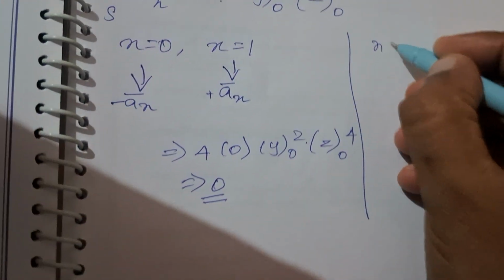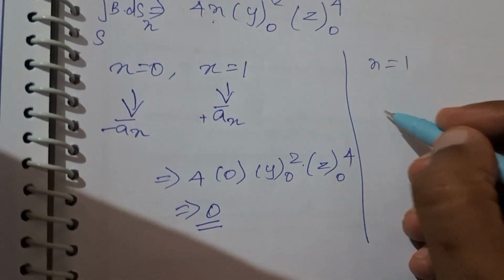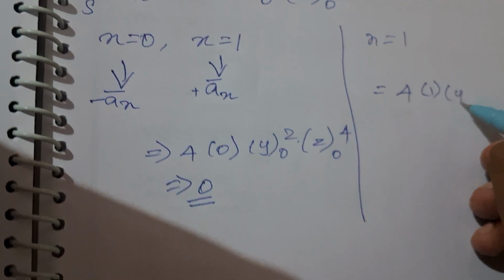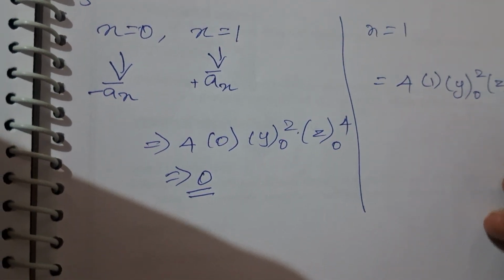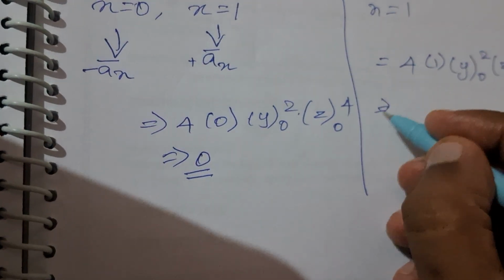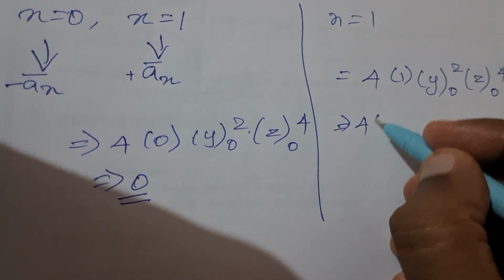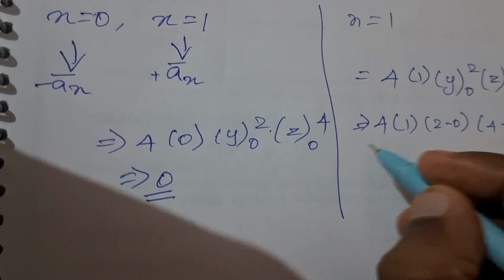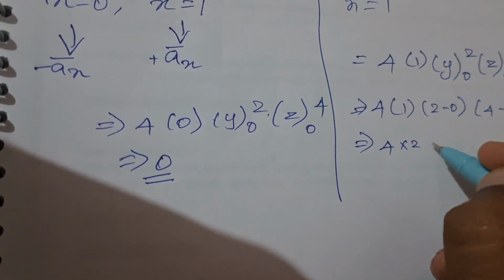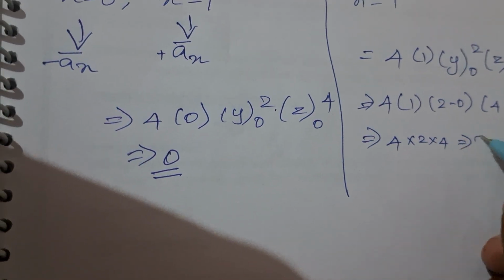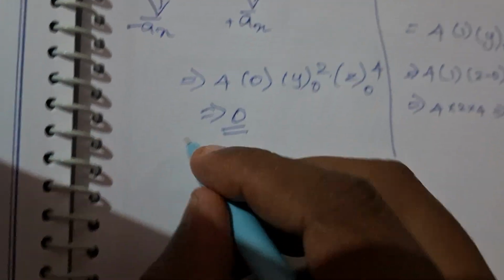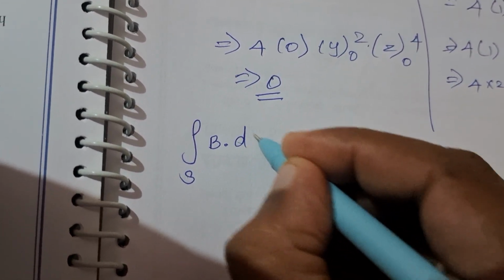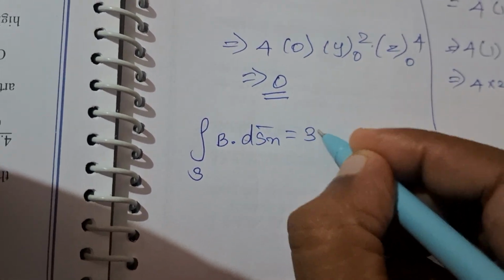For x equal to 1, what do we get? 4 into 1, substitute y from 0 to 2, z from 0 to 4. So 4 into 1, limit substitution 2, 4 minus 0. So 4 into 2 into 4 gives 32. So the surface integral of B dot dSx gives 32.